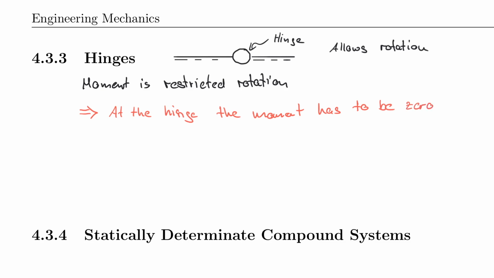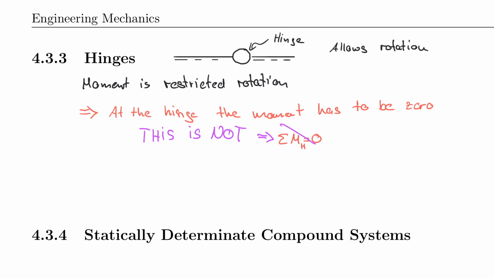And let's be very clear here. Sometimes in the literature you read that the sum of the moments is equal to 0 at the hinge. And I don't know which color to use or how to make this more important, but this is not right. This is not the sum of the moments is equal to 0.